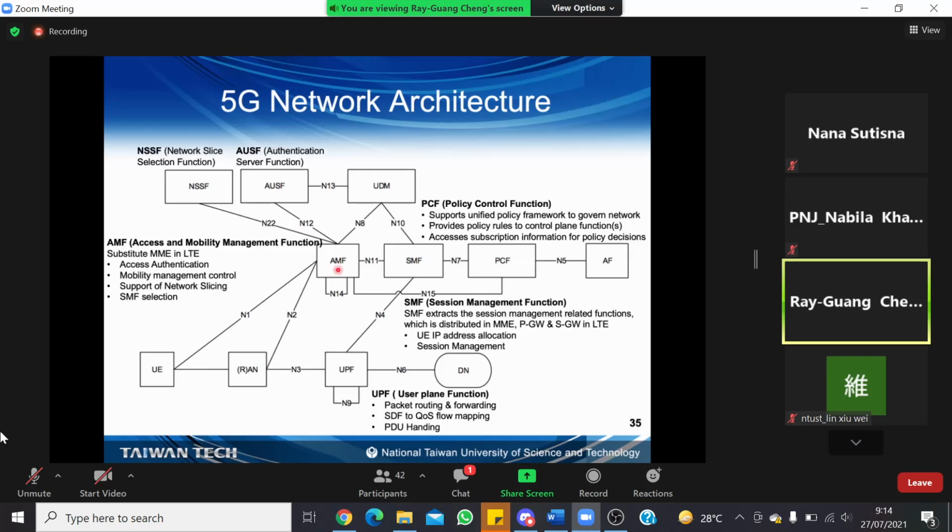AUSF is the authentication server function. UDM is unified data management. What we talked about as the HSS keeps the user database, and it is also responsible for the authentication server. So actually, this is the HSS we considered in 4G.